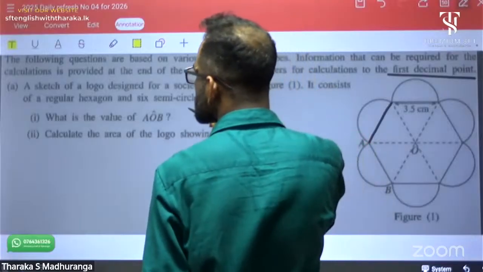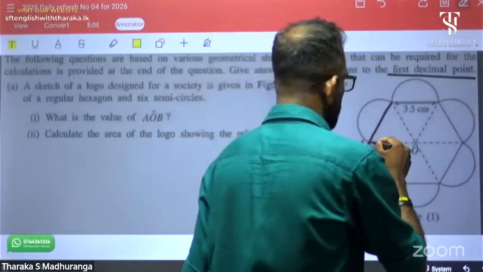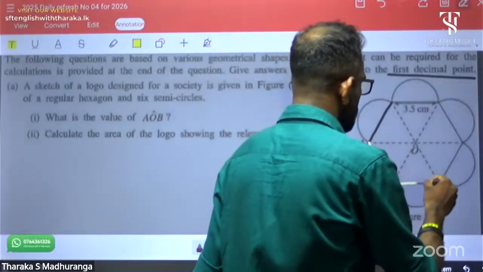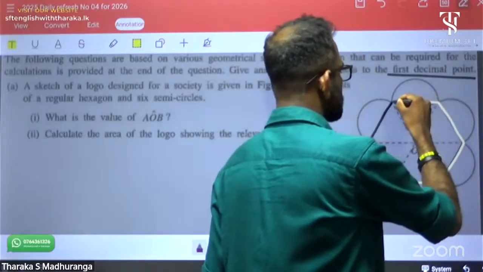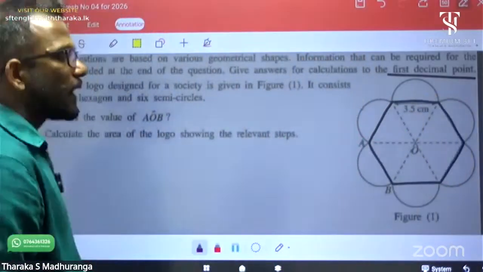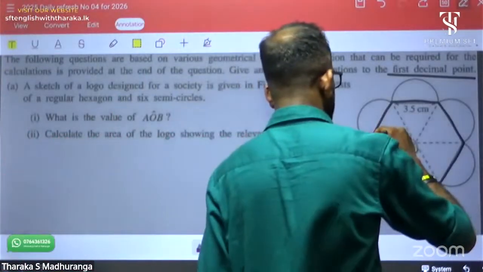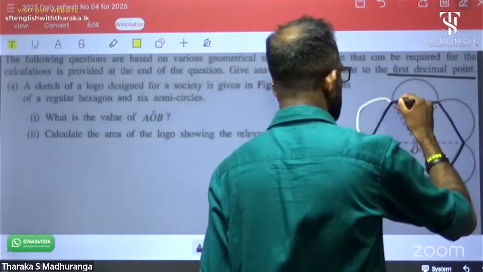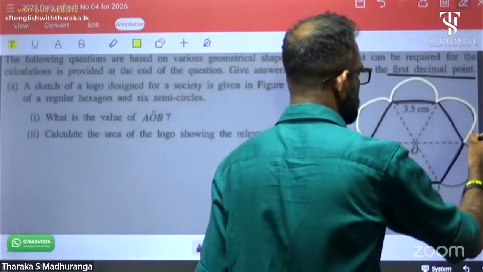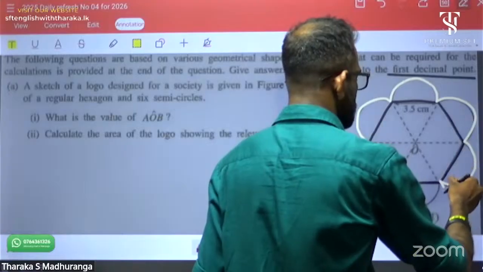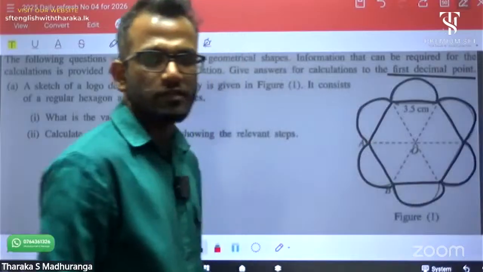That's a hexagon with 6 sides, and these are the 6 semicircles. Very simple. Okay, this is the logo now.